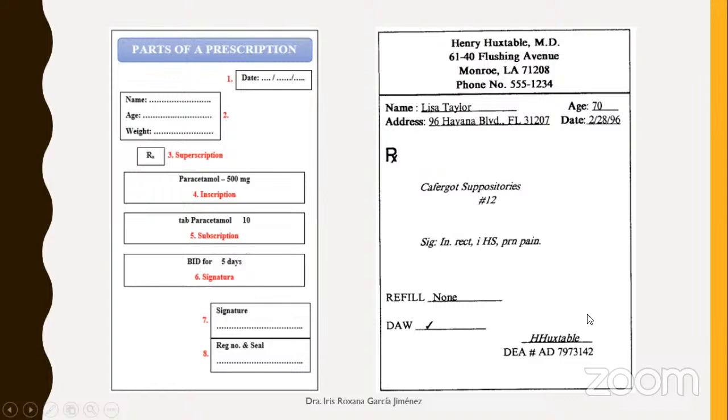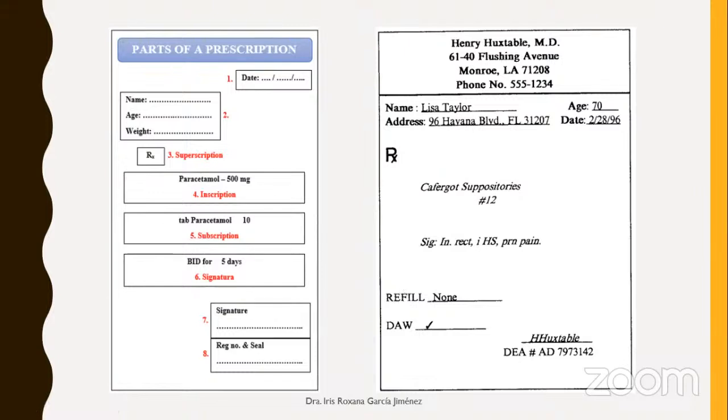Then you have here the signature and the codes, the professional codes, the signature again, and the refill. In the USA, in the UK, in some places in Europe, you have the chance to use the same medical prescription to buy again, for no more than 5 times. Here, the patient has no chance for refilling again.